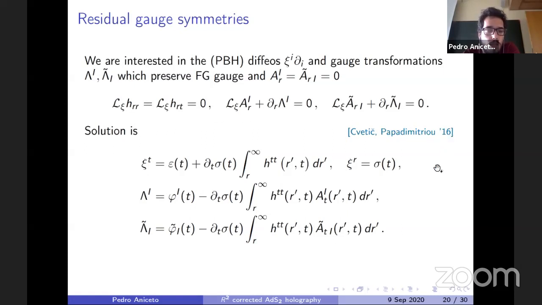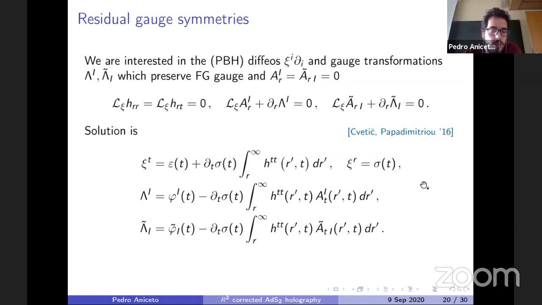And the solution that we present here, using exactly the same notation as the 2016 paper, is written in terms of 4 parameters: epsilon, which is clear from this description, generates the boundary diffeomorphisms; sigma, which generates Weyl transformations at the boundary; and the phi's that generate the gauge symmetries of the chemical potentials.